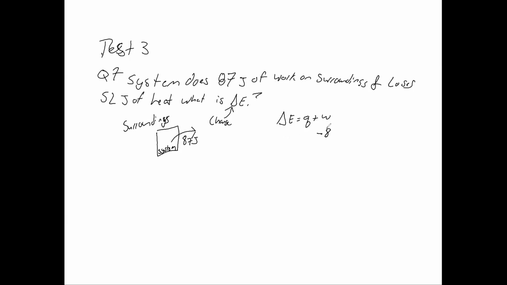So work is minus 87. And I'm losing 52 joules of heat as well. So if I'm losing 52 joules, that's also negative. So the change in energy for this is minus 52 minus 87, which should be negative 139, if I did that right in my head, joules. So that's the change in energy.